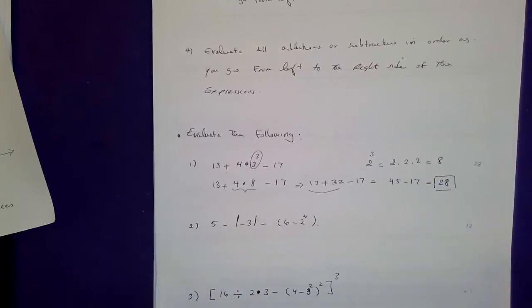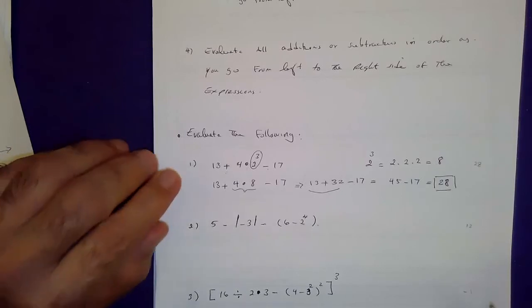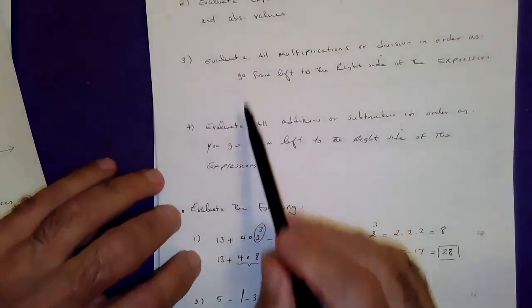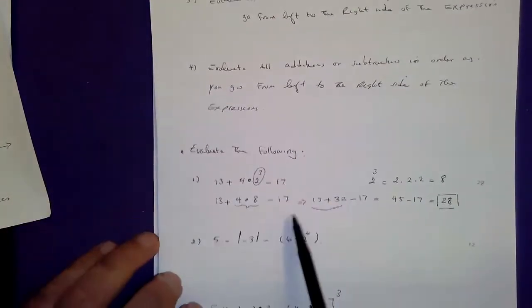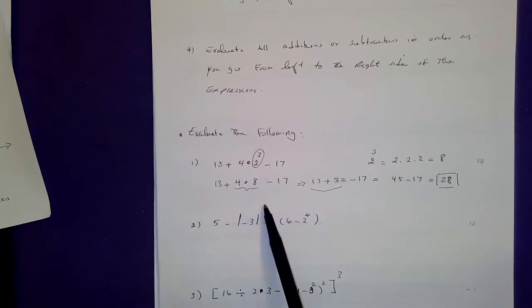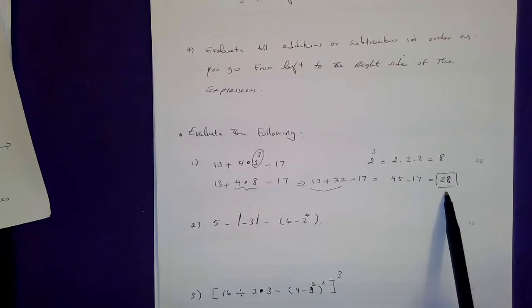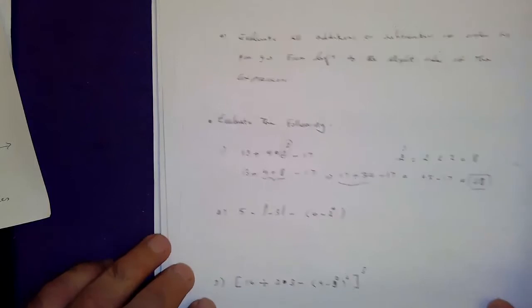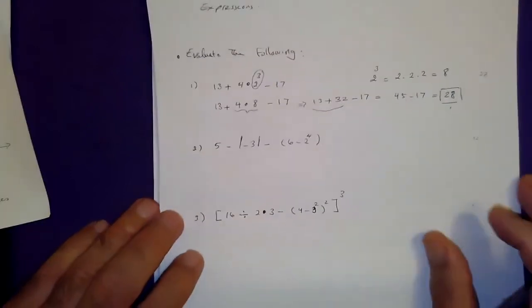You all see it? So order of operation: as you go from left to right, follow these 4 steps and simplify the type of operations you see as you go from left to right, till you end up with a single number.